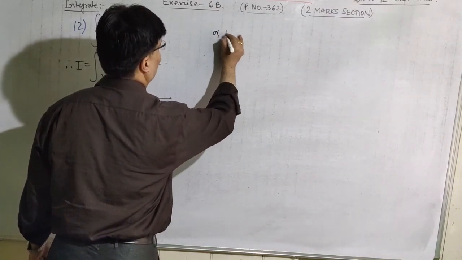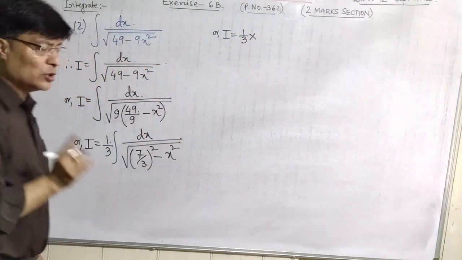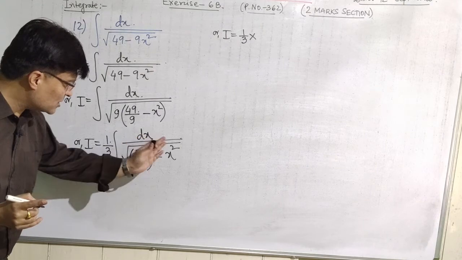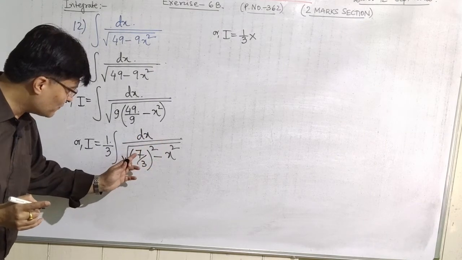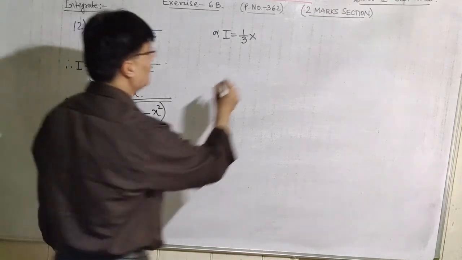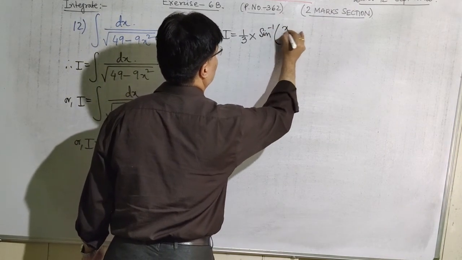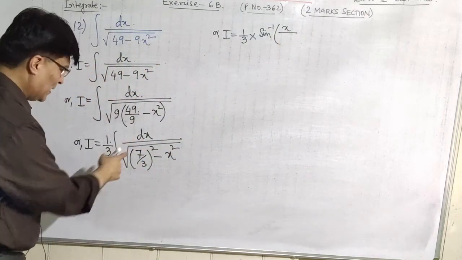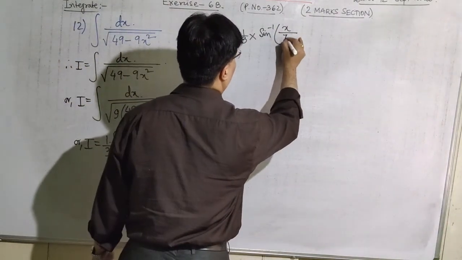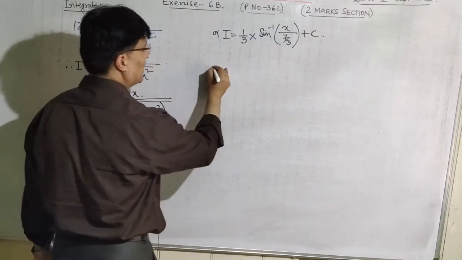I is equal to 1/3, a constant, into the formula for this standard integral. Instead of a there is 7 by 3, and instead of x there is x. It is sine inverse x upon 7 by 3, bracket close, plus c.